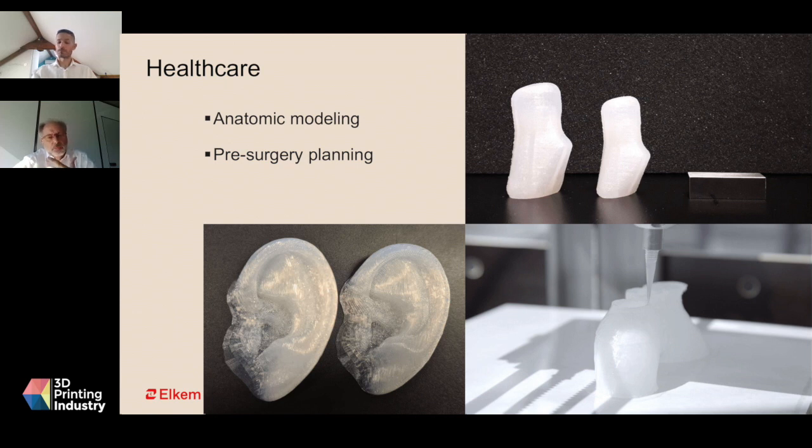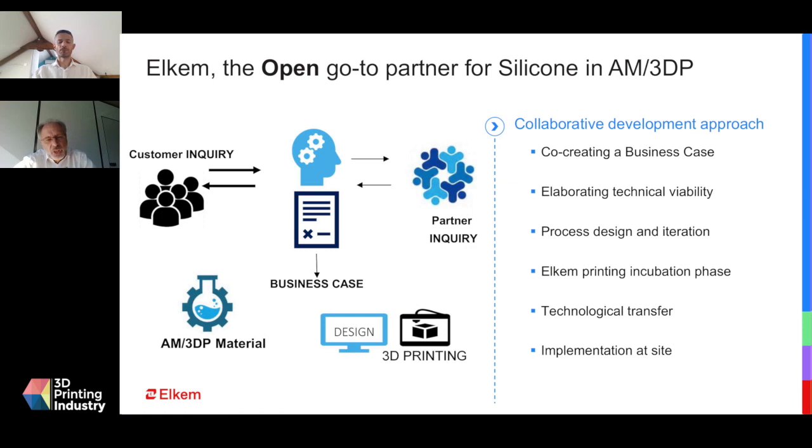So next, please. Over the course of this presentation, we have been showing you how Alchem has been taking up the challenge of using additive manufacturing possibilities and combining them with the unique characteristics of silicones, taking the extrusion technology as an example.